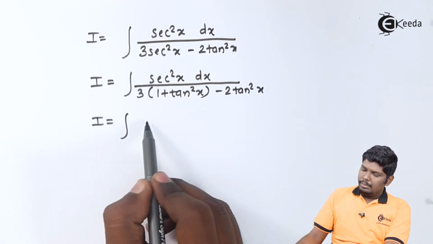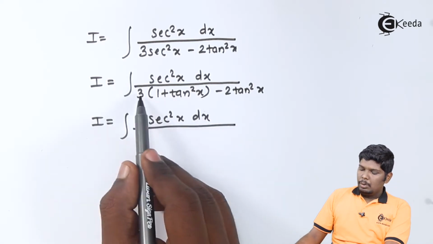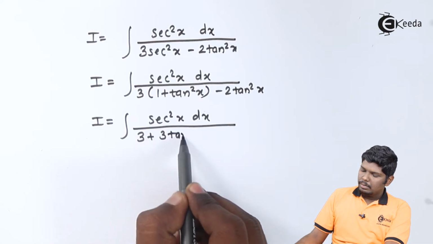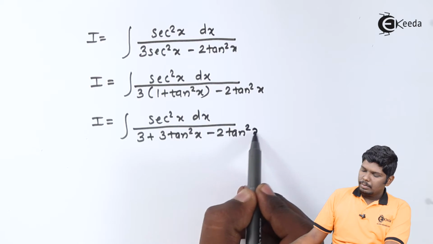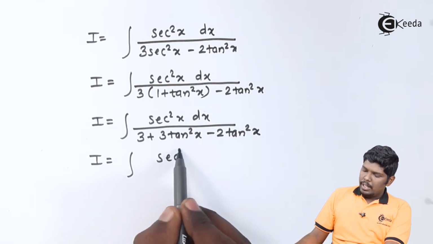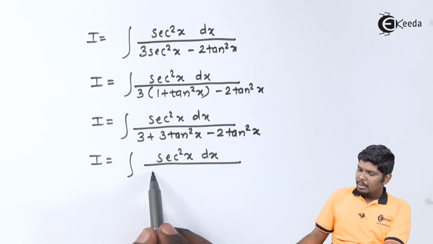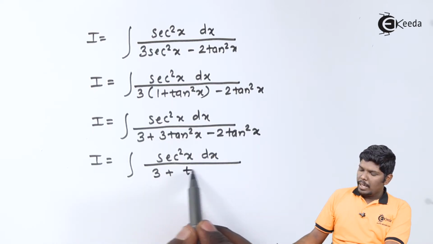On further solving, we have sec square x dx. This will give you 3 plus 3 tan square x minus 2 tan square x. We have sec square x dx upon 3 tan square x minus 2 tan square x will give you 1 tan square x.